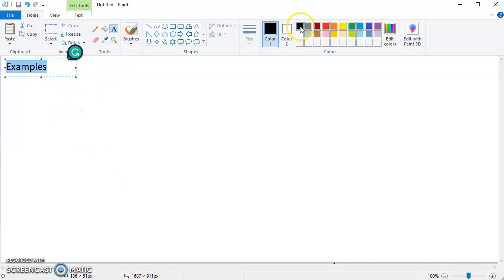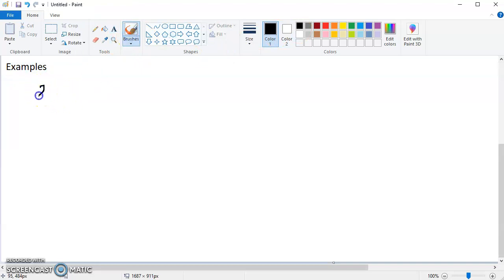So if we have an example, let's do a degree first. We have 270 degrees and we want to convert that into a radian.